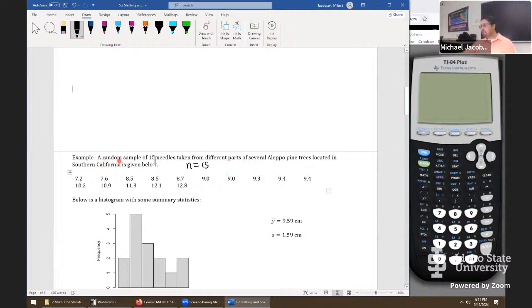Looking at this, I feel like there's something missing in this description. Probably a better write-up of the problem should have said the observations are lengths measured in centimeters.